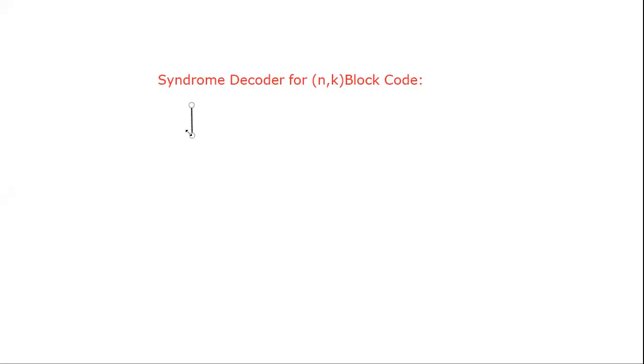What is the first step? S is equal to R into H transpose, or S is equal to Y into H transpose. So first you have to calculate the syndrome.